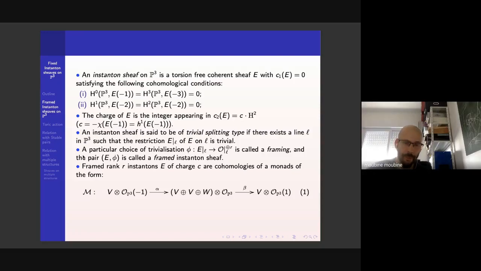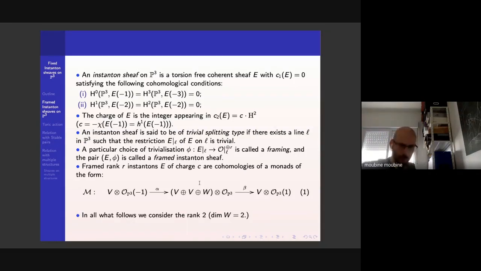V is of dimension the charge of the instanton. It's actually the dimension of this space here. And W has dimension the rank of E. So if we stick to the case of rank 2, then the dimension of W will be equal to 2.